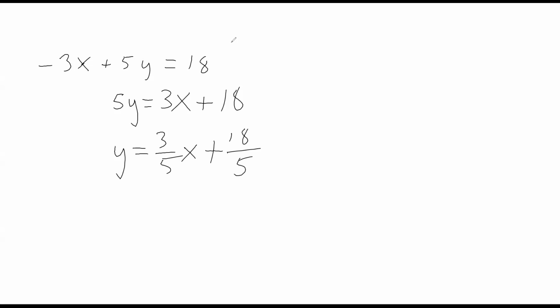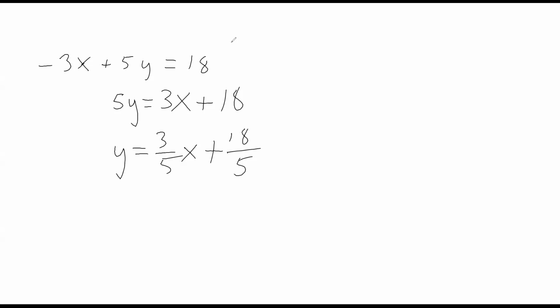I'll leave it in this format, but you could change 3/5 into 0.6 and 18/5 into, what is that, 3.6, must be 3.6. Yeah. But this form works just fine for us. The only thing I'm saying is it doesn't matter whether you think of the slope as being 3/5 or whether you think of it as the number 0.6, it's still the slope.